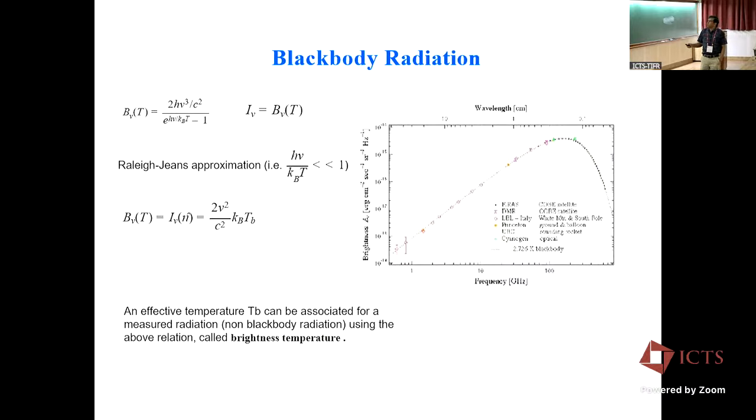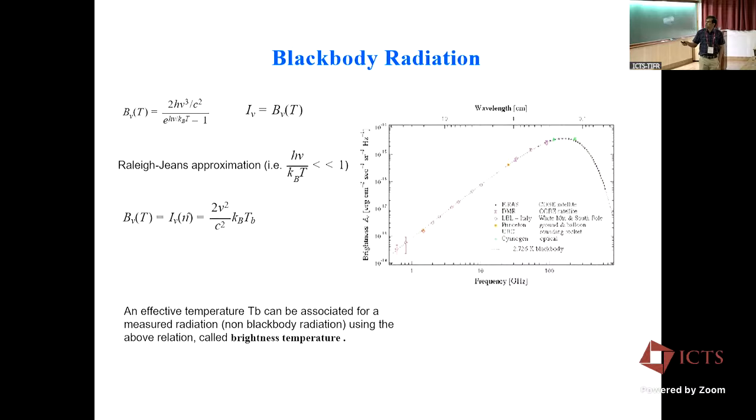And in the Rayleigh-Jeans approximation, when the frequency is much smaller, that means this ratio is much smaller than 1, one can approximate e to the power x as 1 plus x, and the 1 will cancel out.